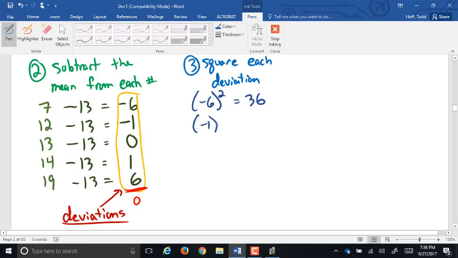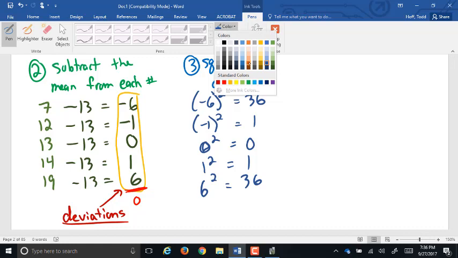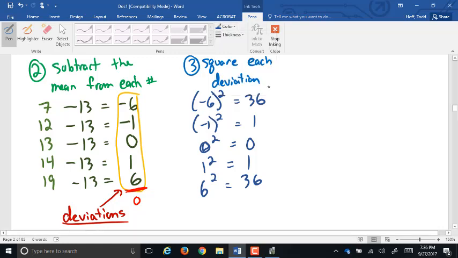Negative 1 squared, 1. 0 squared is 0. 1 squared, 1. And 6 squared, 36. Those, by the way, are called the squared deviations.